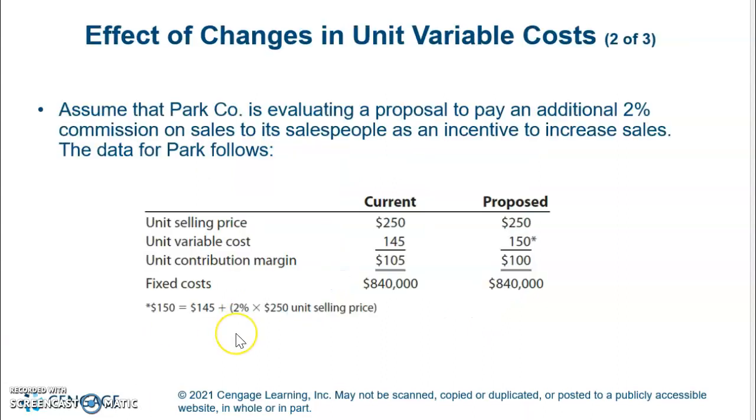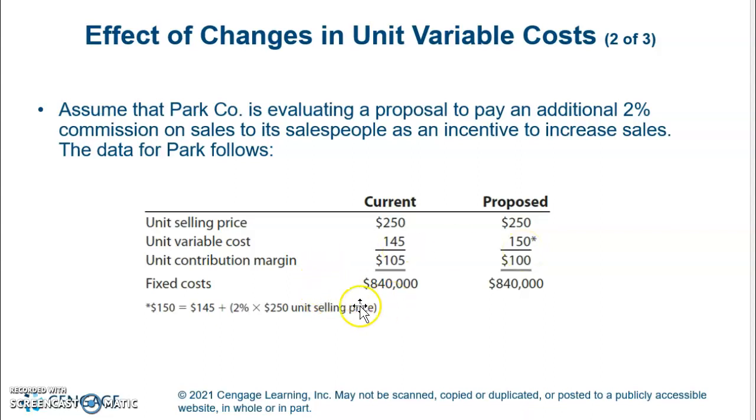And here is an example of that. Now you see here that your unit variable cost went from 145 to 150 because we're doing an extra 2% of our selling price, because we're doing commissions. 2% of your selling price would be an extra $5.